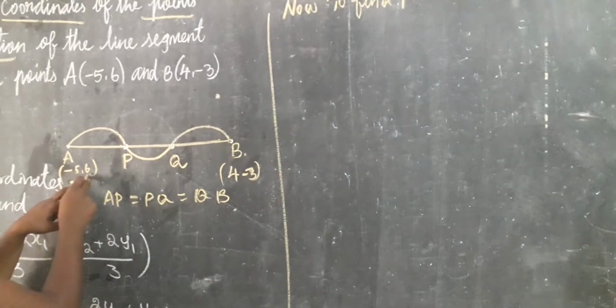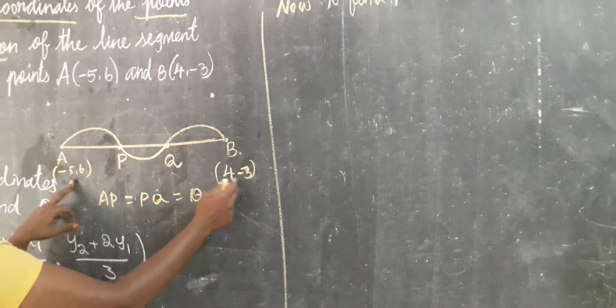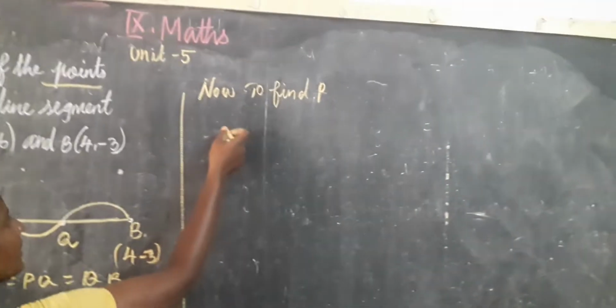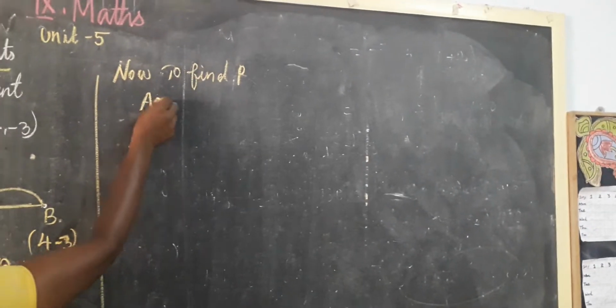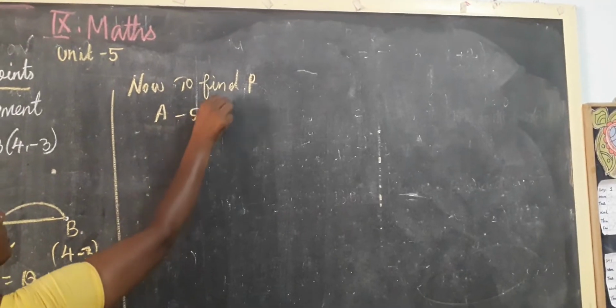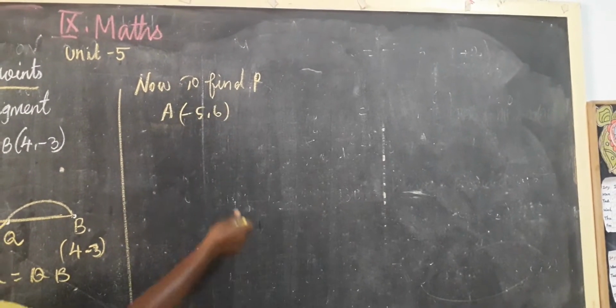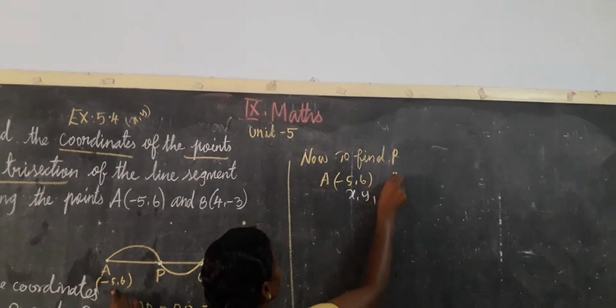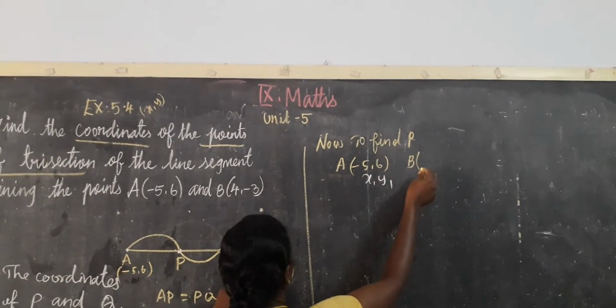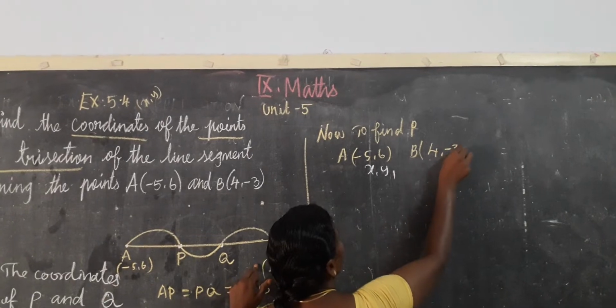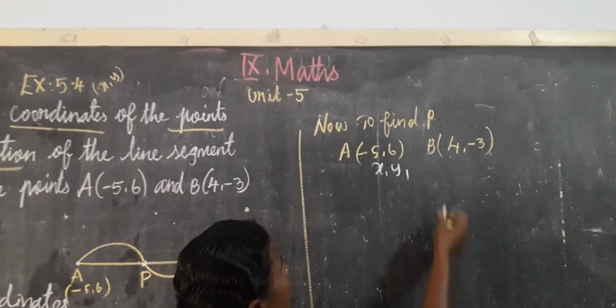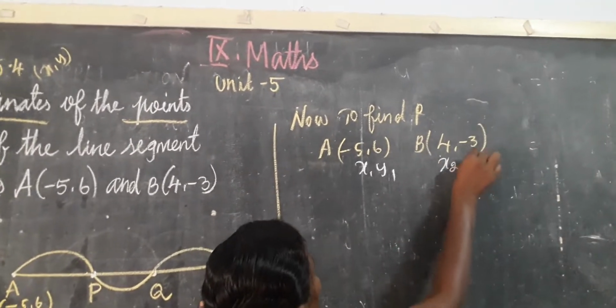A has x1, y1 and B has x2, y2. So write A as minus 5 comma 6, this is x1, y1, and B as 4 comma minus 3, this is x2, y2.